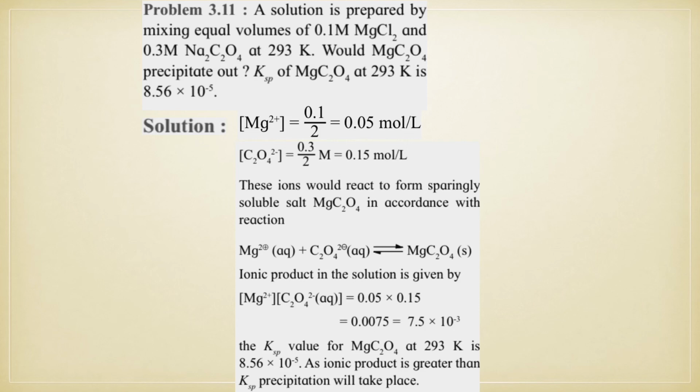Ksp is given as 8.56 into 10 raised to minus 5. Which is greater? The value of IP is greater. 7.5 into 10 raised to minus 3 is greater than 8.56 into 10 raised to minus 5. Therefore, as ionic product is greater than Ksp, precipitation will take place.